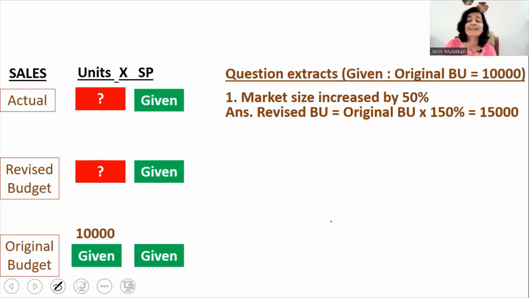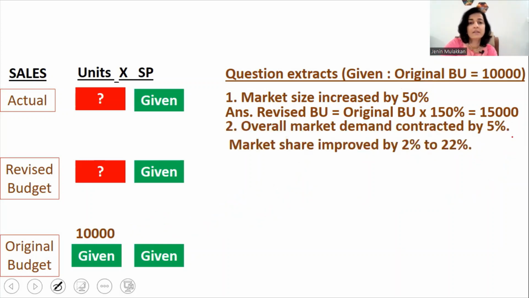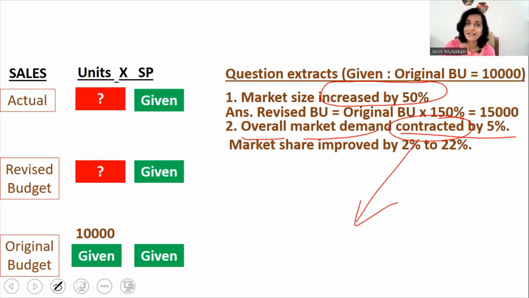Now we move on to the second type of question. The overall market demand contracted by 5%. In the first case, it was increased. In the second case, they have said contracted by 5%. Contracted by 5% means reduced by 5%. So how do we find out the revised budgeted units?